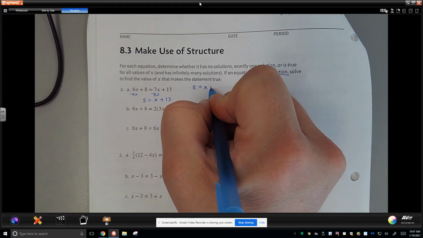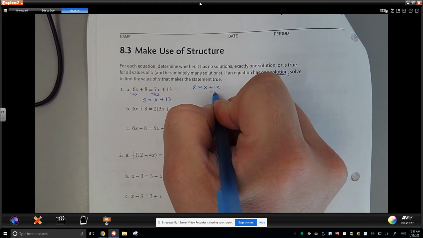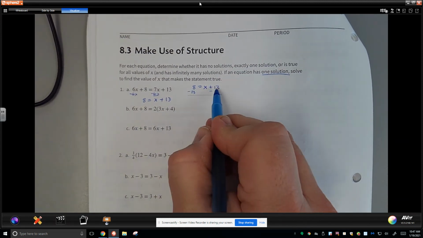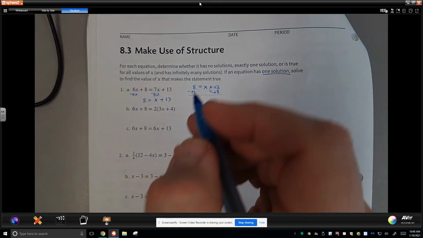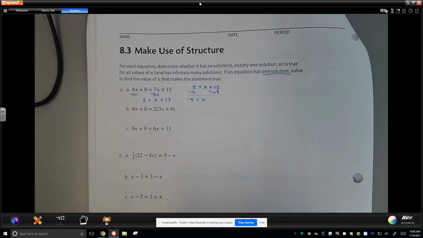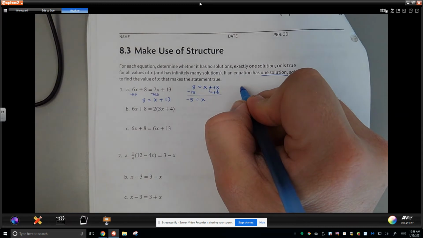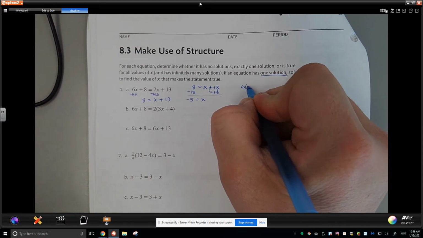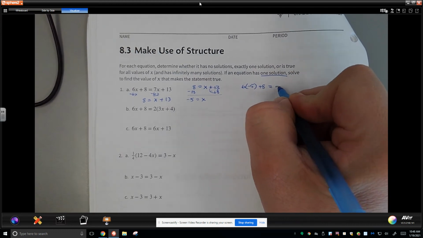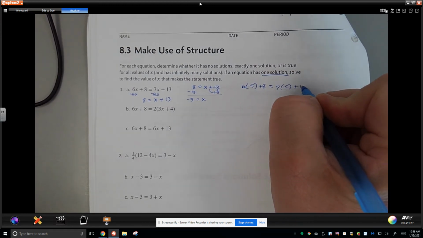8 is equal to x plus 13. Subtraction property of equality tells me that I can eliminate that 13. 8 minus 13 is negative 5 for x. I want to verify that I'm right with this. 6 times negative 5 plus 8 compared to 7 times negative 5 plus 13.